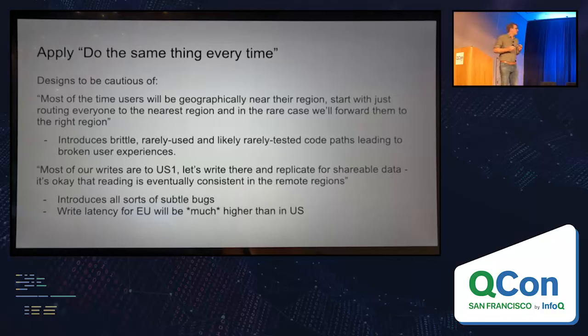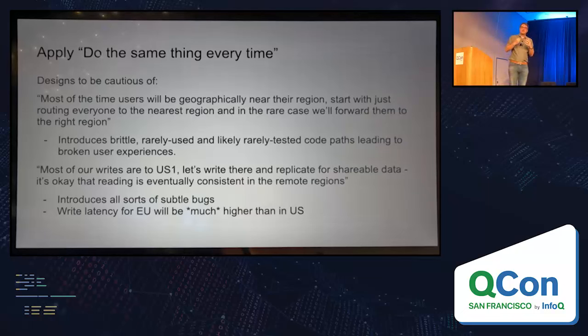OK, so things specifically to be cautious of. The geographic nearest region, the one we just covered, the problem with that is you have this very rarely used code path where you fork in the road and you go to another region in exceptional circumstances. That's actually really hard to test, right?